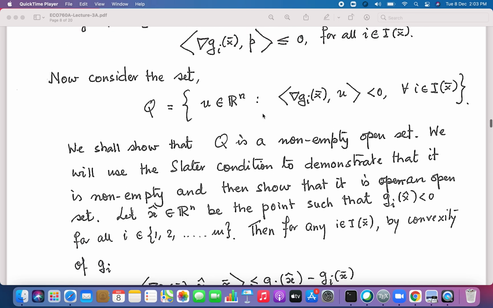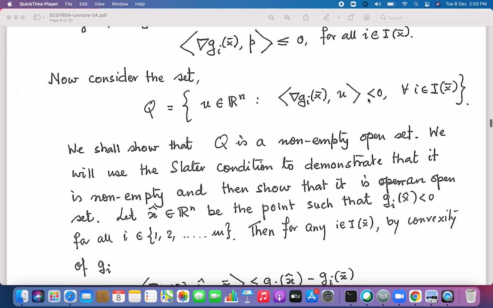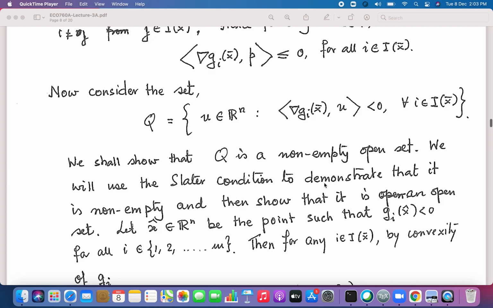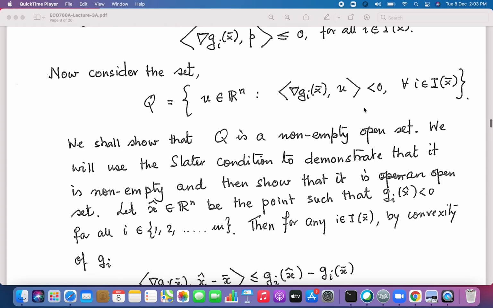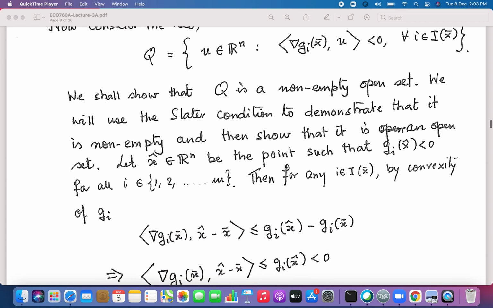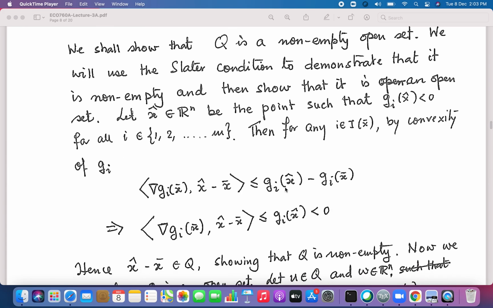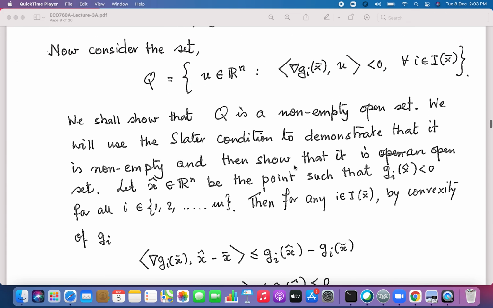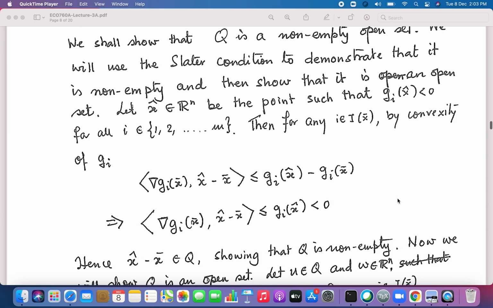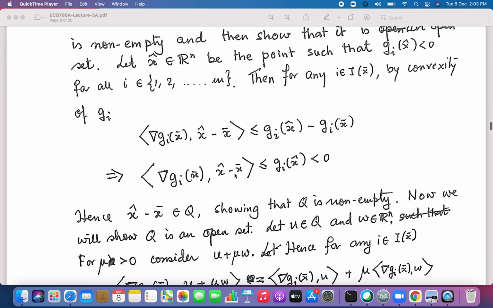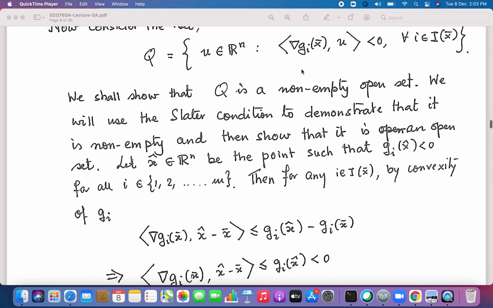Now I am looking at this set Q where I have this strict inequality, not the less than or equal to type, but strictly less than 0. I will show by Slater condition that this is non-empty. If x hat is the point which satisfies the Slater condition, that is gi x hat is strictly less than 0, then by using convexity, I can show that x hat minus x bar satisfies this inequality.